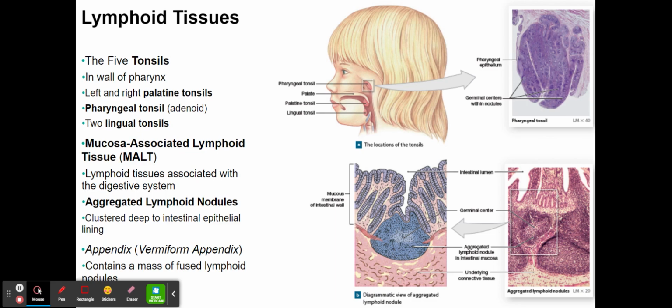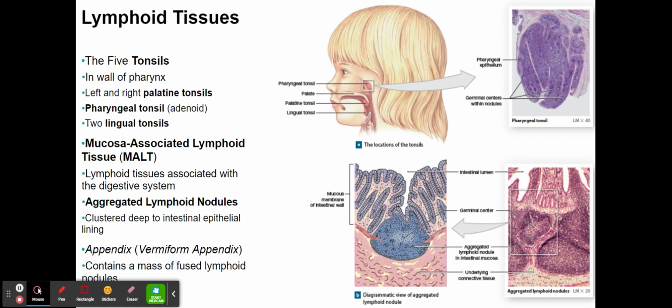The tonsils are large lymphoid nodules in the walls of the pharynx. Most people have 5 tonsils. A single pharyngeal tonsil, often called the adenoid, lies in the posterior superior wall of the nasopharynx. Left and right palatine tonsils are located in the posterior inferior margin of the oral cavity, along the boundary with the pharynx.